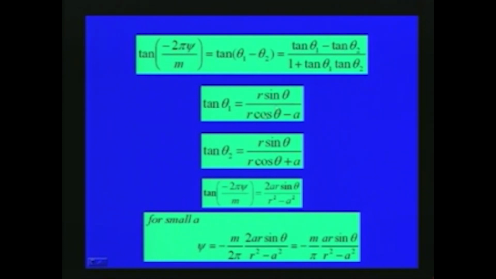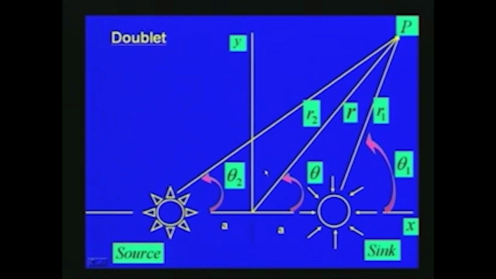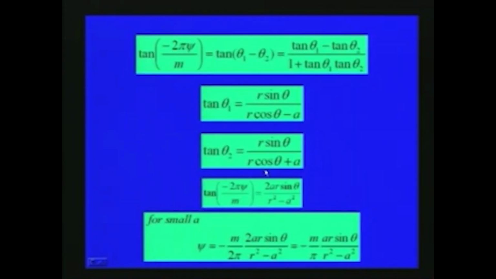And tan θ2 is defined as r sin θ divided by (r cos θ + a). So with respect to this figure all these parameters are defined, and then tan(-2πψ/m), with respect to tan θ1 and tan θ2 defined here, we can write as 2ar sin θ divided by (r² - a²).